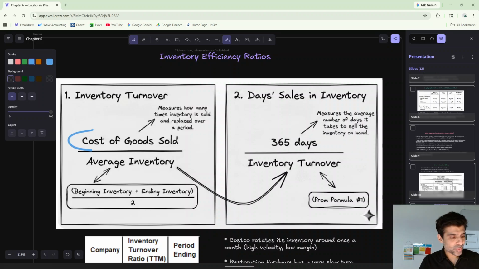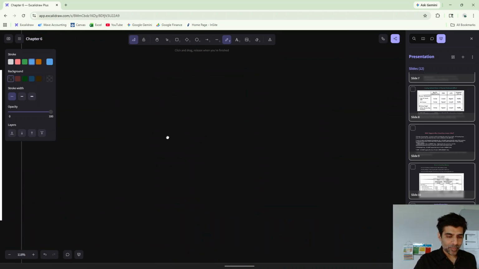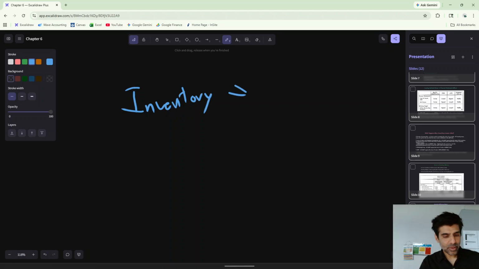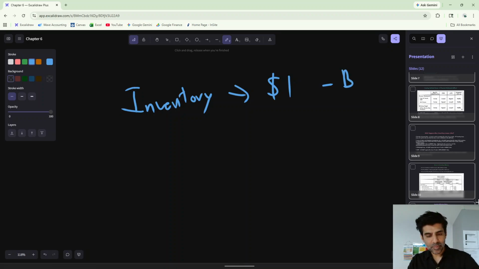It's the cost of goods sold divided by the average inventory. Let me do this for our banana example. My inventory value is $1, because I said I can only hold one banana at a time.